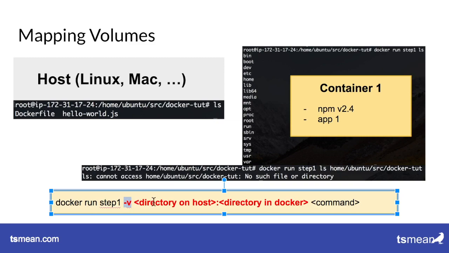With the -v argument, you can specify a directory on the host and the directory in the Docker container, and then this directory on the host gets mapped into the Docker container, such that if we were to run this command again, the directory would actually be found. So let's try this.